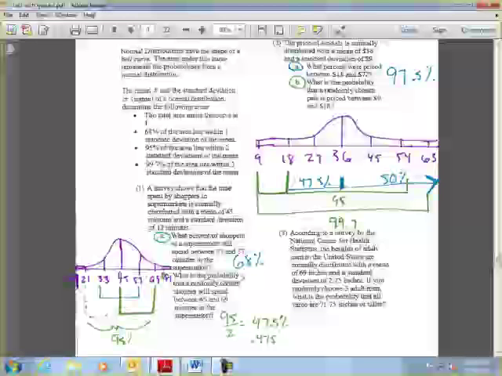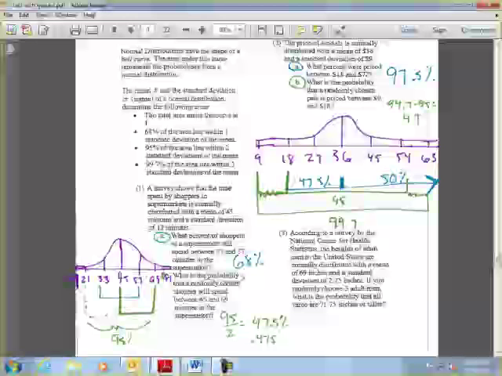So then I have these 2 little wings here, the one that I care about and the matching one over on the other side. What's the difference? So how much is left for those 2 little wings? 4.7. So we would take the 99.7 minus the 95 gives us 4.7 left over for those two little wings.